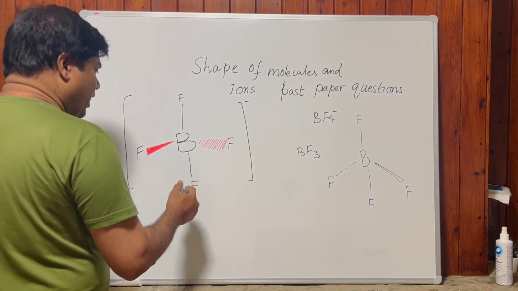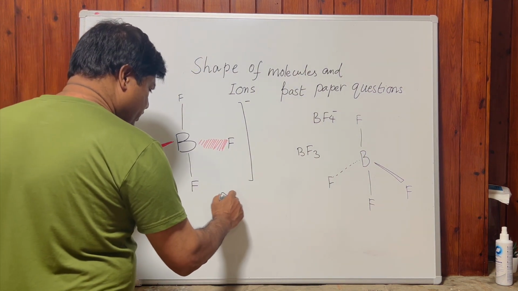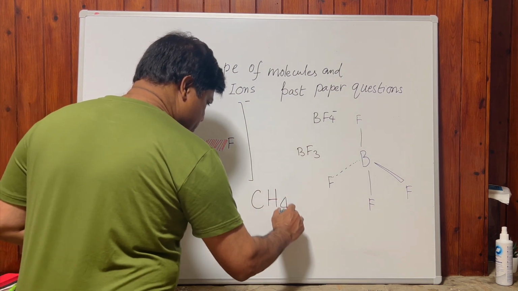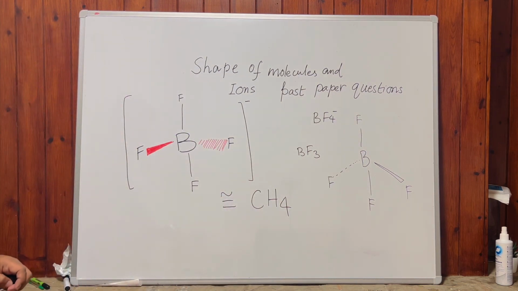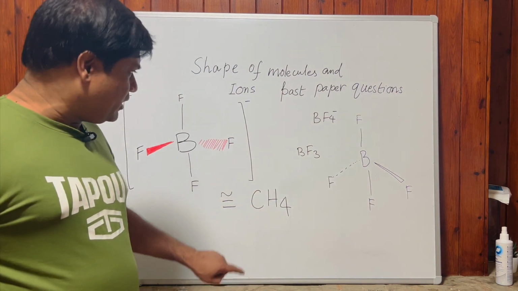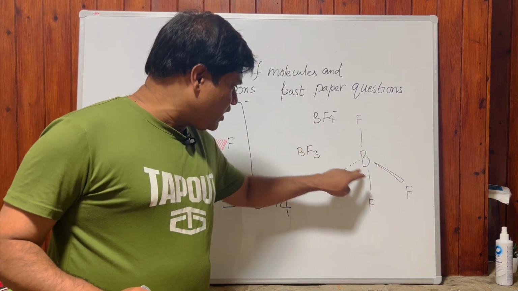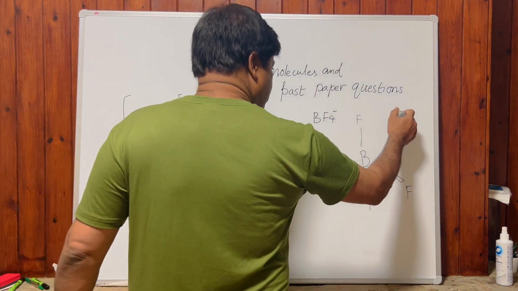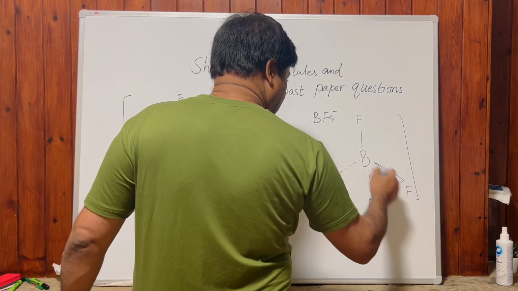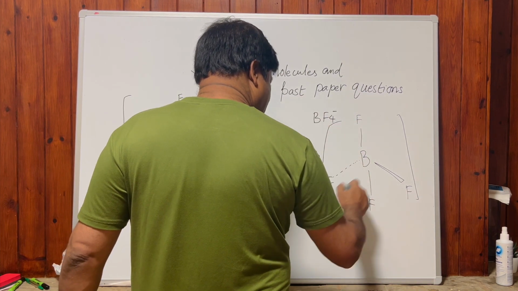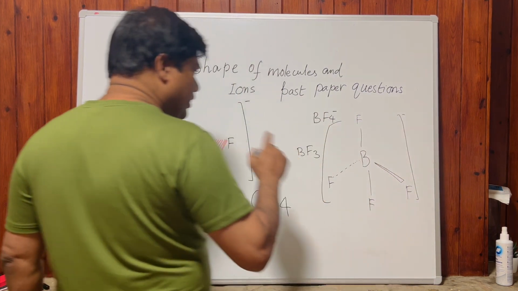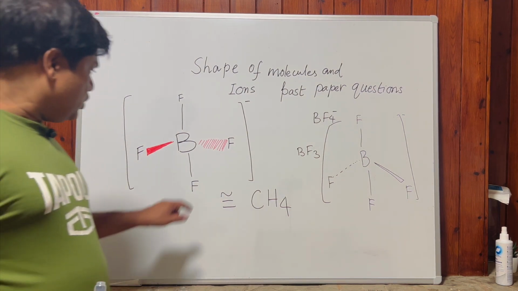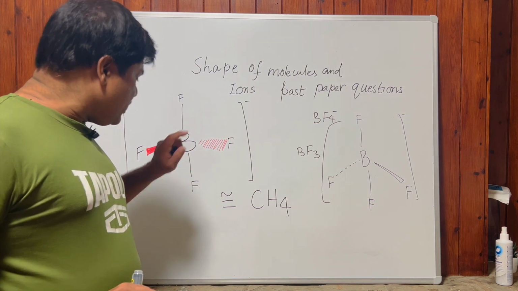The central atom is carbon in the case of methane, having four bonded pairs of electrons and no lone pair. The central atom has no lone pair. This negative charge is not present on the boron. So it's a tetrahedral shape.